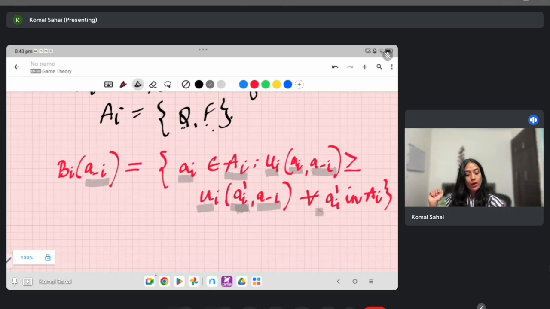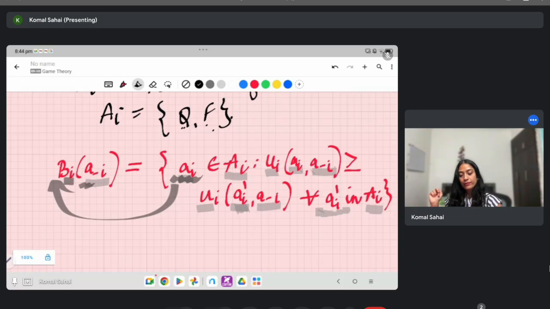So for all such alternative actions in player I's action profile, this should hold. अगर ये hold करता है तो ये वाला जो है AI, this is then the best response of player I to A minus I of the other players.